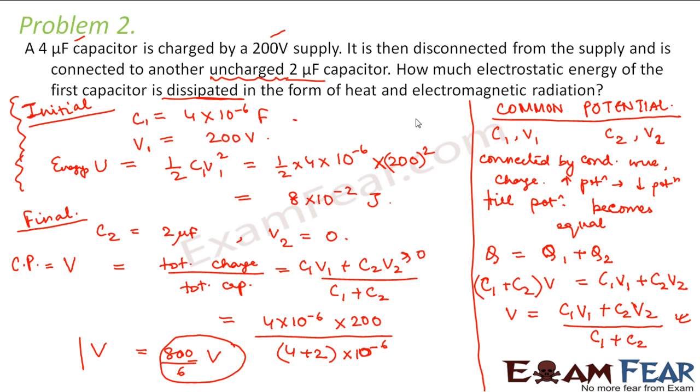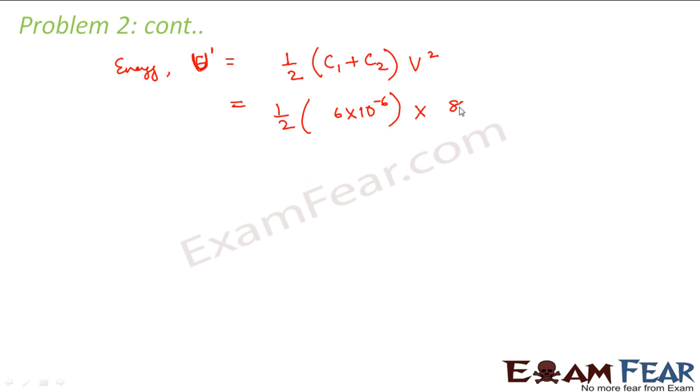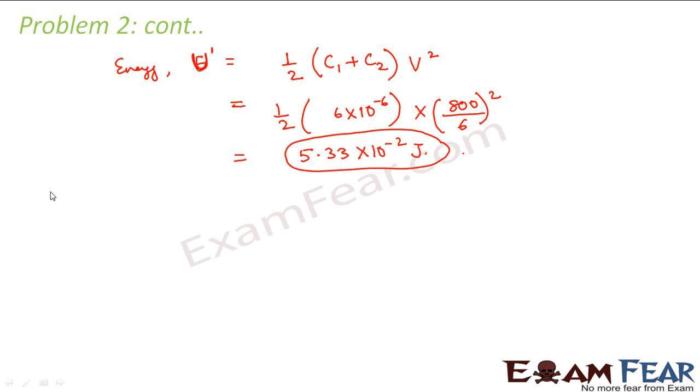What was the value of V which we obtained? V is 800 by 6. So 800 by 6 whole square. So this value comes out to be 5.33 into 10 to the power minus 2 joules. So this is the final energy.